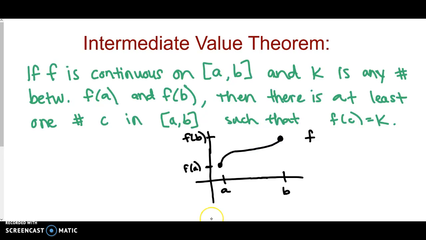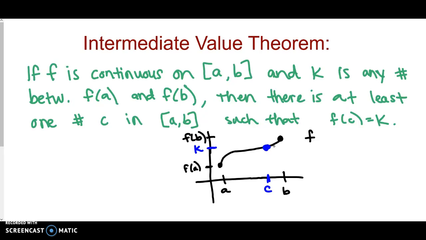So what the intermediate value theorem says is that there must be some value k such that, so this value k is between f of a and f of b, then there's at least one number c, anywhere in this interval between a and b, let's go here, such that f of c equals k.